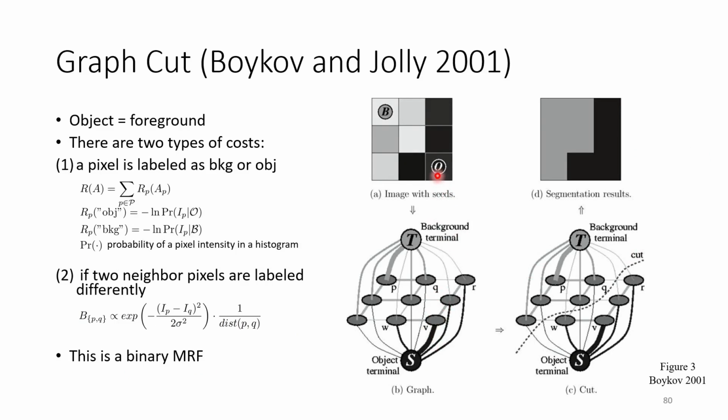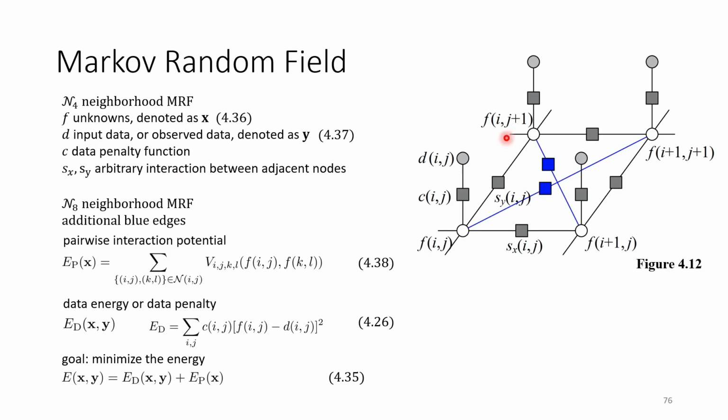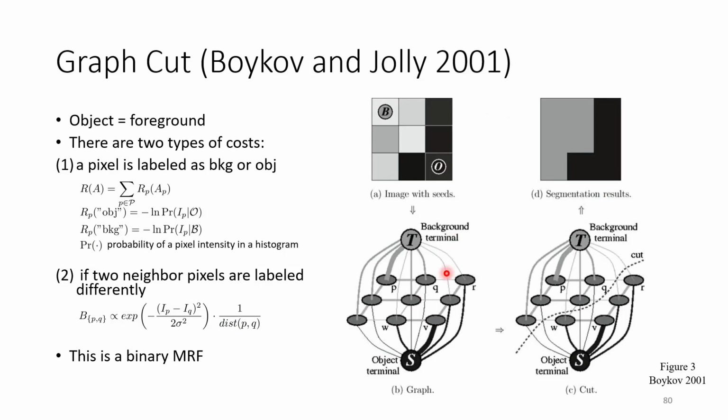It can be either object, or foreground, or background. And the intensity in this patch is the observed value. It is the D value here. So based on the D value, you want to know whether the F is foreground or background. So this becomes the Markov random field model.